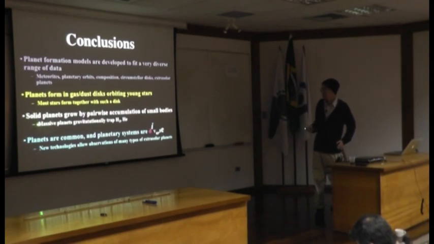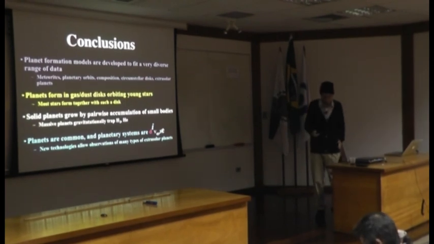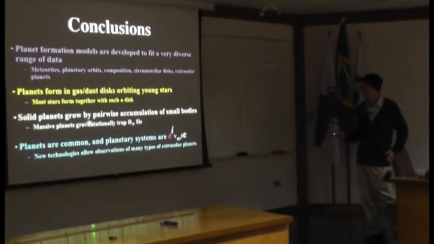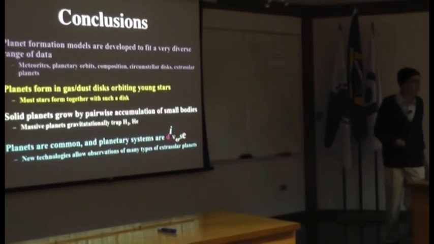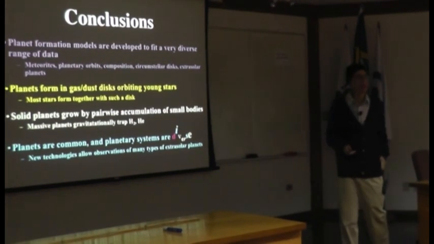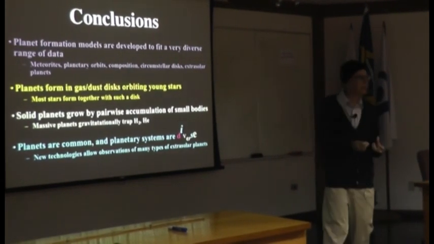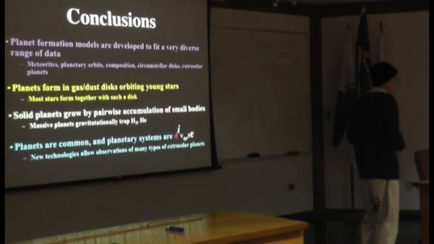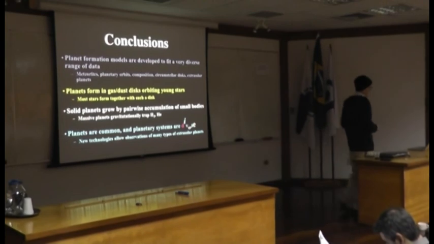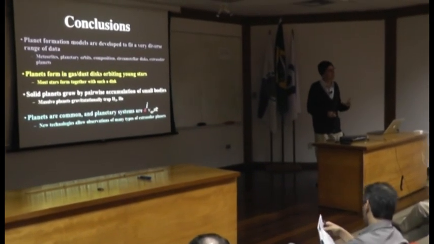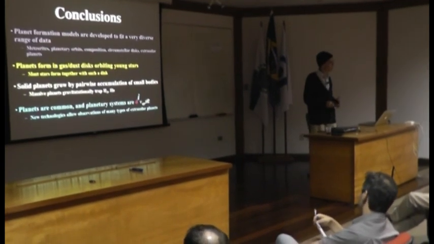Solid planets grow by pairwise accretion of small bodies. That's how the early phases of the giant planets' growth occurred, and then the giant planets became massive enough to gravitationally bring in gas soon enough to accrete while the disk of gas was still present.